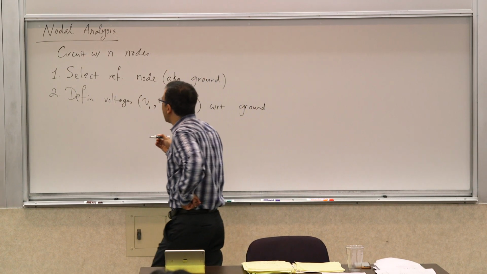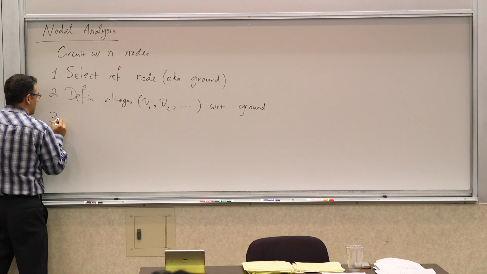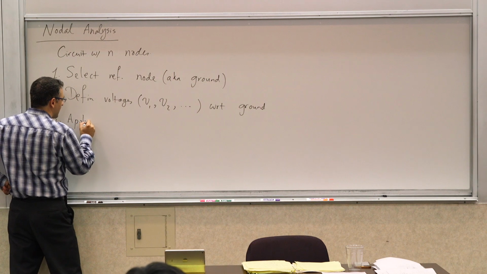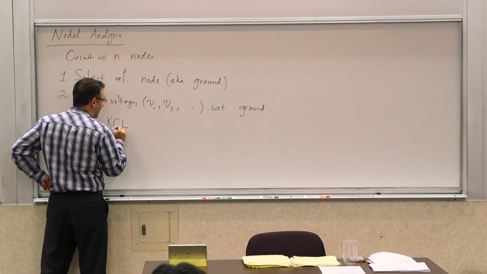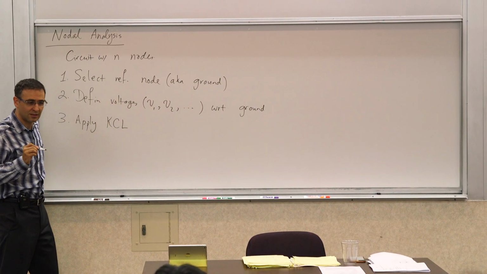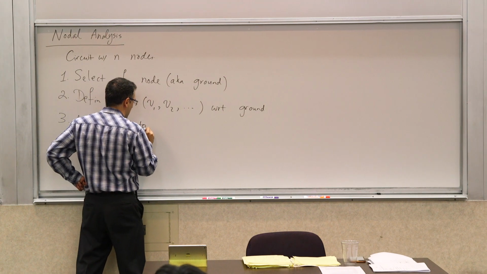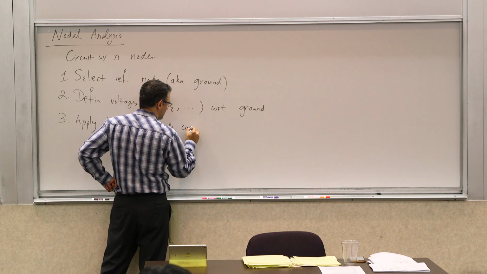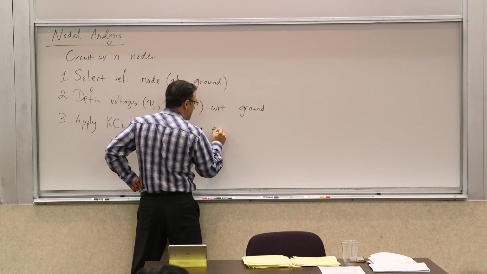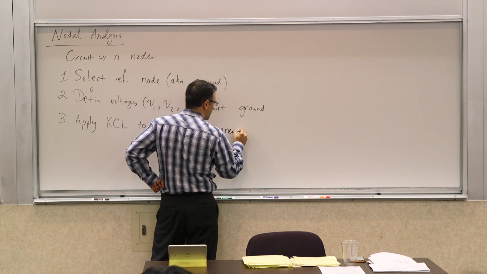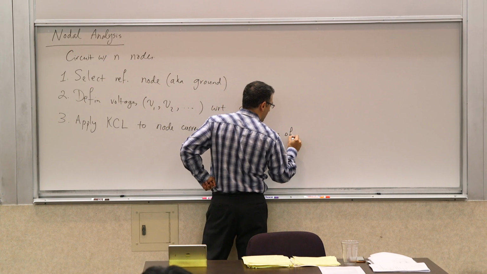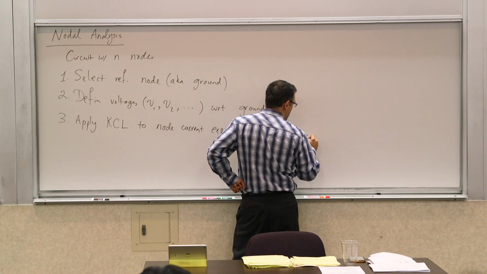Now, the third step, which is where most of the action happens, is apply KCL, Kirchhoff's current law, to node currents expressed in terms of node voltages.